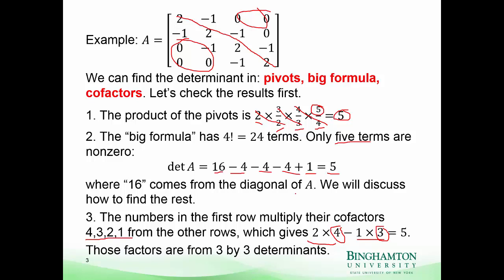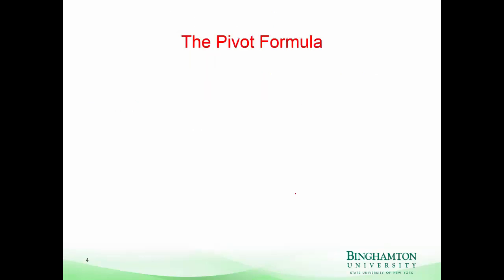So remember, I said the cofactor method is kind of an iterative approach. You break a 4x4 down into a bunch of 3x3s, and we know how to do 3x3 determinants, so we can stop there. But if this were a 5x5, we'd break it down into a bunch of 4x4s, and each of those 4x4s would get broken down into a bunch of 3x3s, and then we would evaluate those 3x3 determinants. And we'll see how to do that.